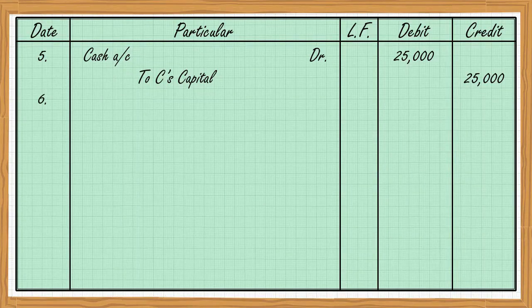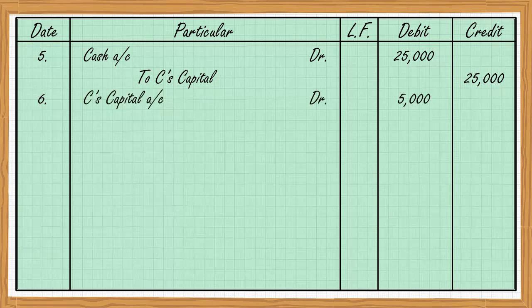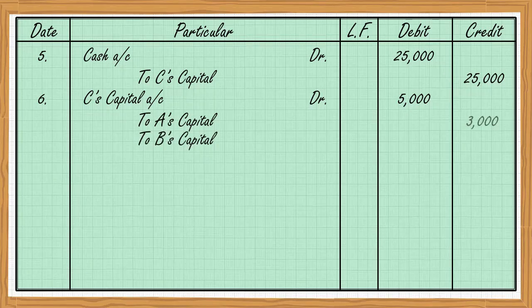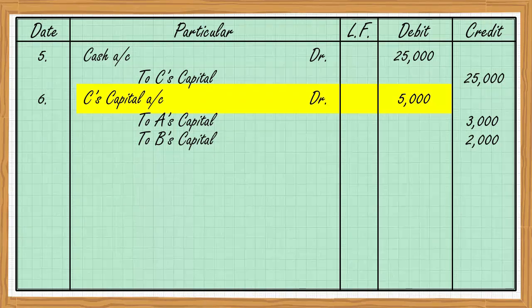So what will be the journal entries? We will debit C's capital account by rupees 5,000, to A's capital and to B's capital, 3,000 rupees and 2,000 rupees. We have debited C's capital. What it means? We have taken the amount out of C's capital. In this way, C's capital will be reduced by rupees 5,000 and this amount is going to A's and B's capital, that is 3,000 and 2,000.